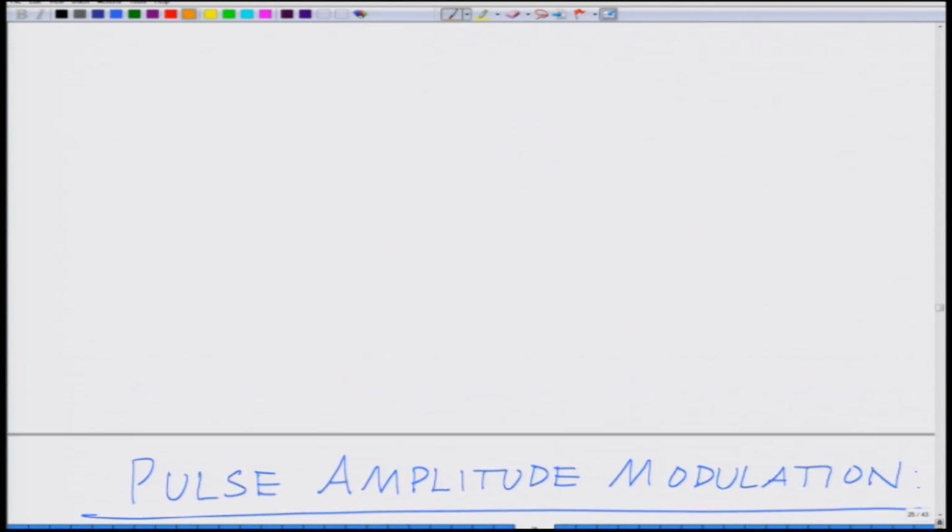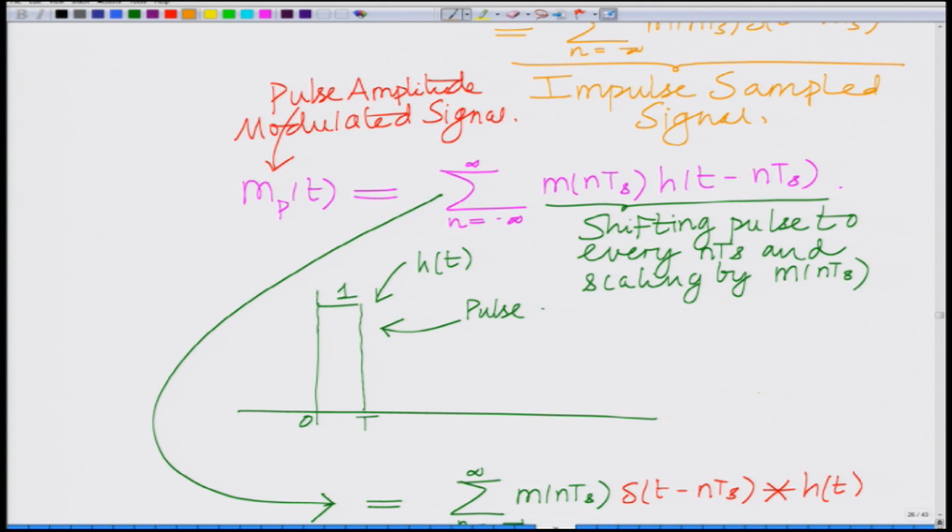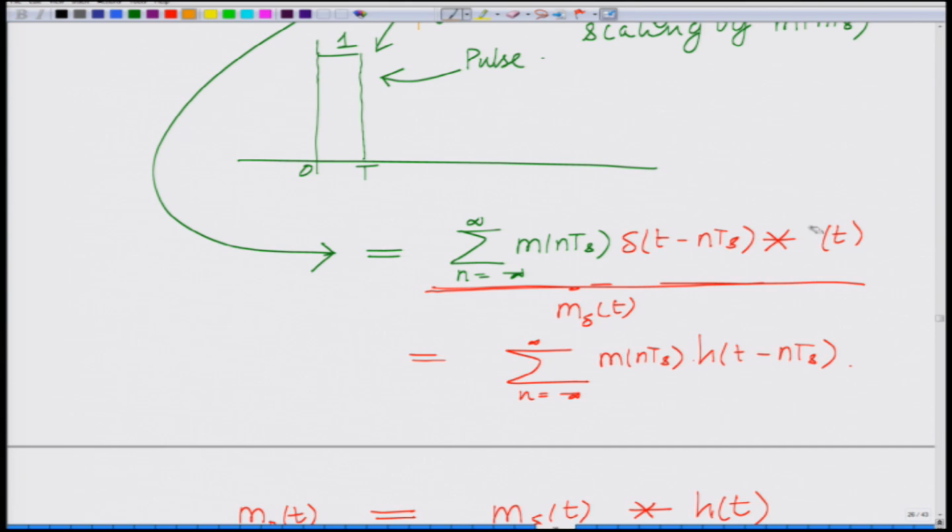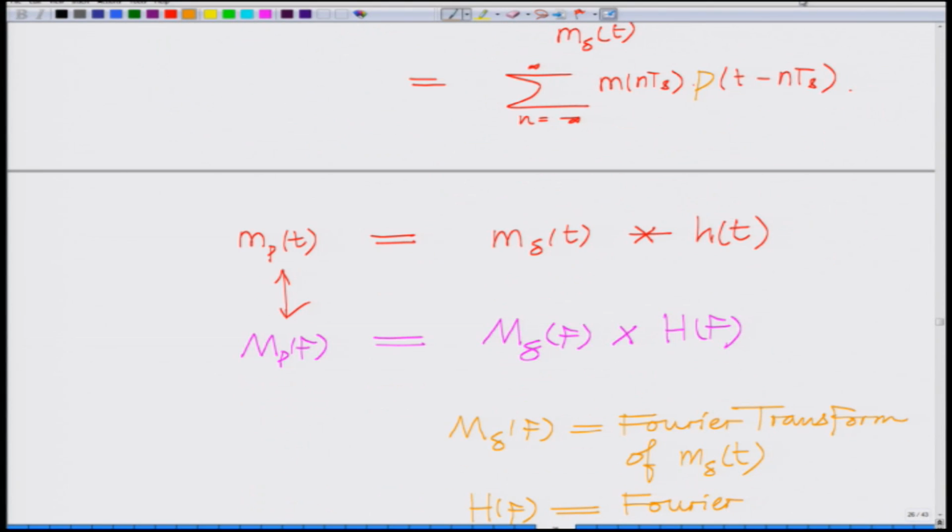I am denoting this by p of t, not h of t. So, the pulse shape is p of t, and mP of t is m delta t convolved with p of t.